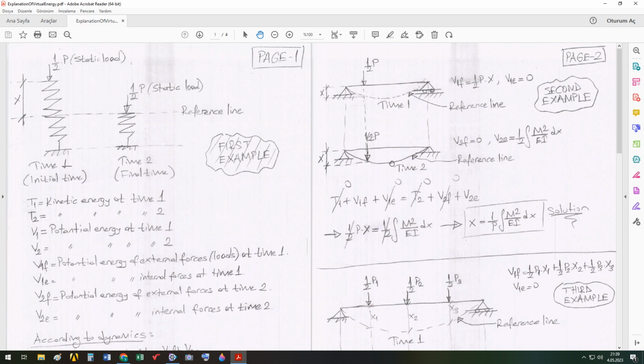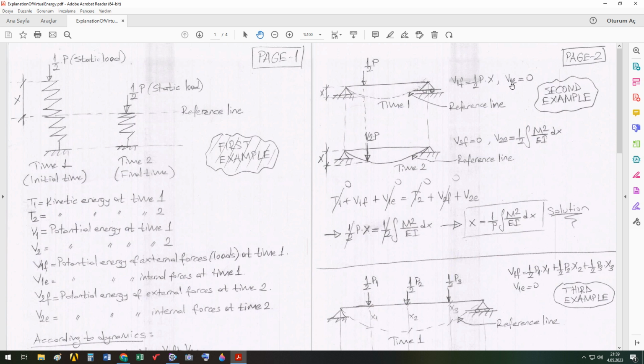Okay, this displacement has not been done in time 1. Load is applied here, no deflection is done, so no elastic energy is stored in the beam. The beam hasn't made any deflection or any deformation.